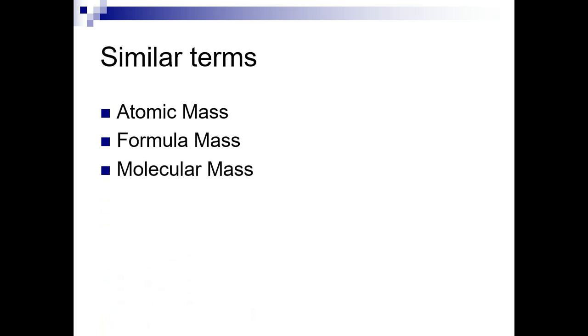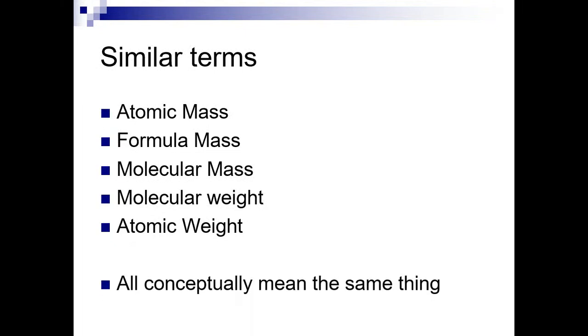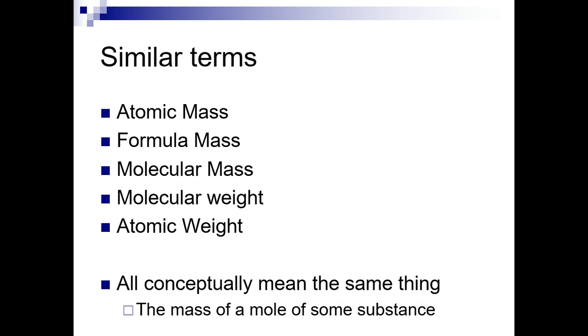Molecular mass is the mass of a mole of molecules. Old school talks molecular weight, the weight of a mole of molecules. They all basically say the same thing. This is the mass of a mole of something.